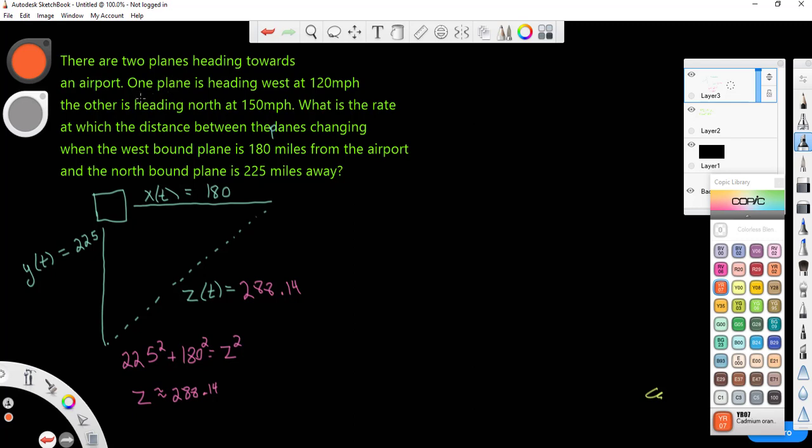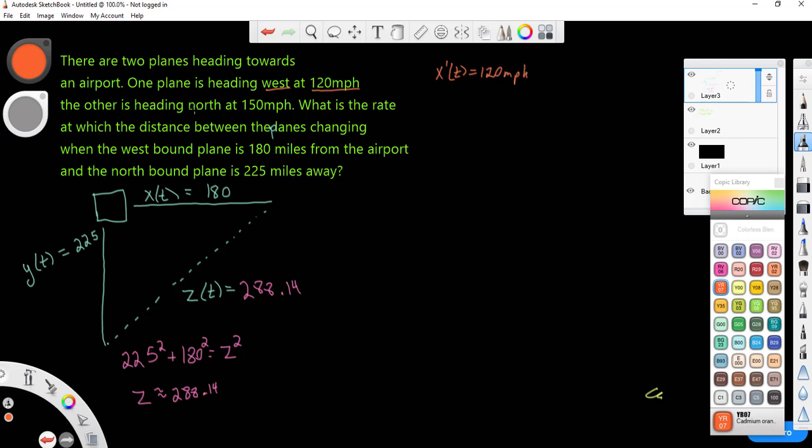Okay. And let's go ahead and write down some of the other information we have. So I know that the plane heading west is going at a rate of 120 miles per hour. That means that this distance, x of t, is changing at a rate of 120 miles per hour. So let's go ahead and write that down. Another way to write rate of change is the derivative. So x prime of t is going to equal 120 miles per hour.